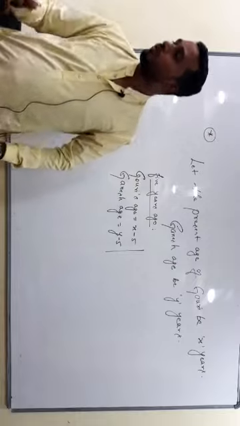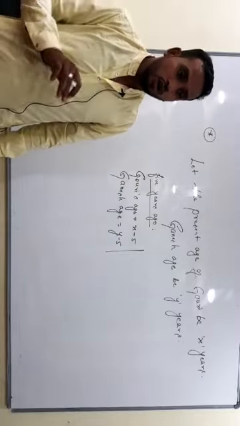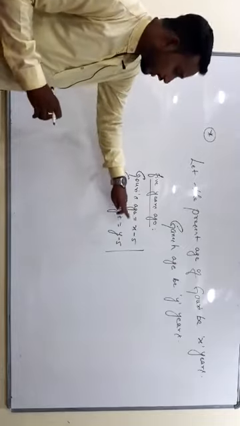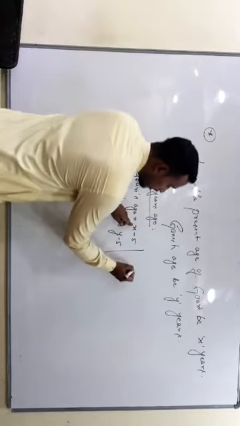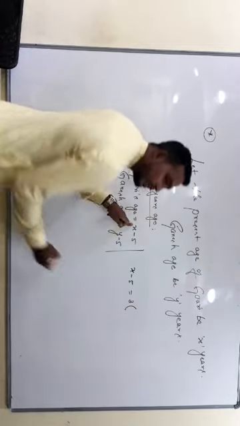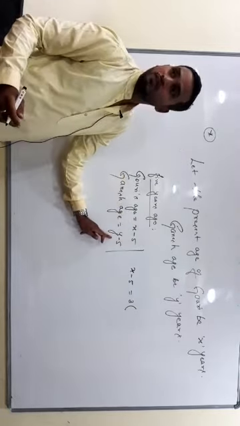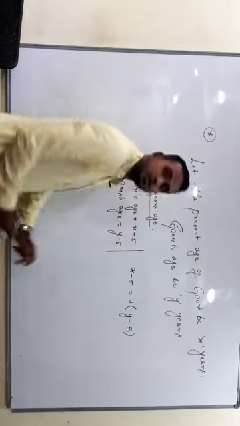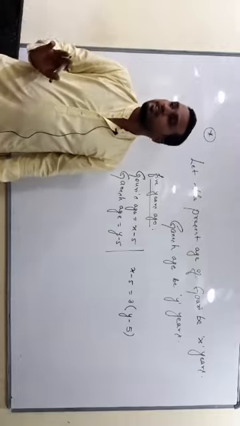Now come to the question. What do they say? 5 years ago, Gauri was thrice as old as Ganesh. Gauri is x minus 5. Gauri is 3 times the age of Ganesh. What is the age of Ganesh? y minus 5. Understood this case?